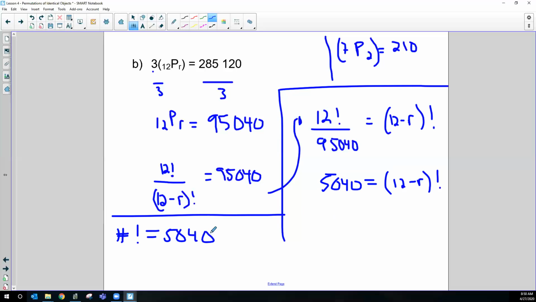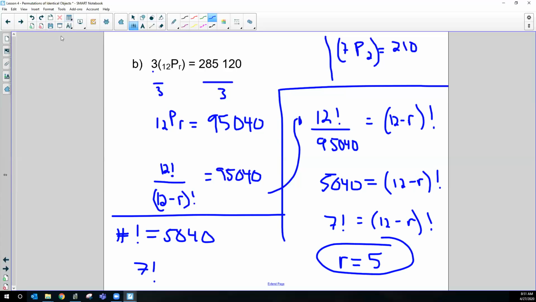You'll do a little bit of guess and check, and it will equal 7 factorial. So 7 factorial is equal to (12 minus r) factorial. So r would be equal to 5, since 12 minus 5 is equal to 7. So there you go.